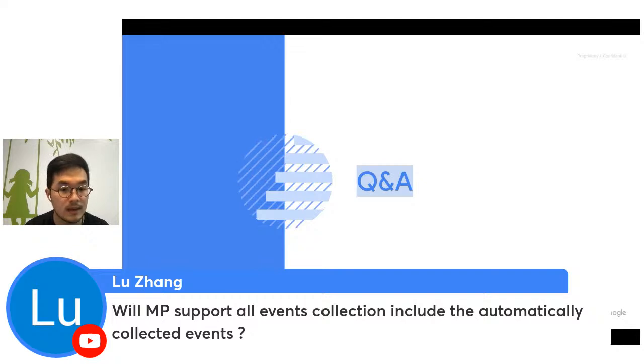The automatically collected events actually happen in the JavaScript version from the web stream data collection, which we call gtag.js. So I believe for the Measurement Protocol use case, you should be sending custom events, but not those automatically collected events. Yeah, but let me know if I'm misunderstanding the question.